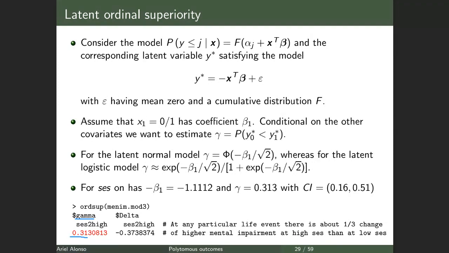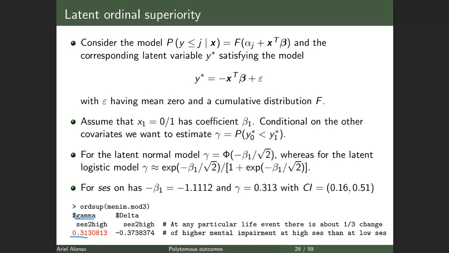So what that means is that there is a 70% probability that people with a high economical status will have a smaller mental impairment than people with a low socioeconomical status. And this is a nice interpretation.